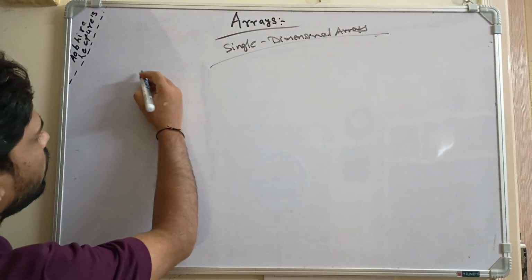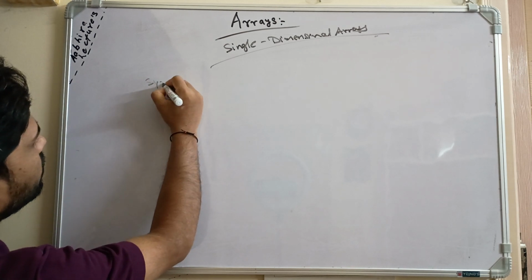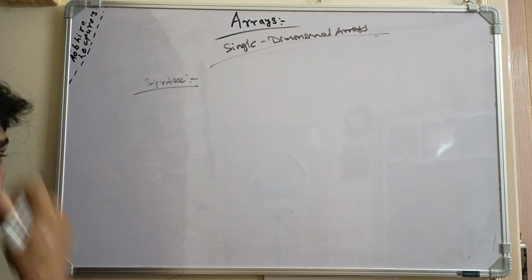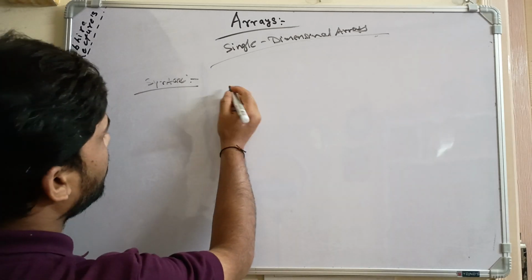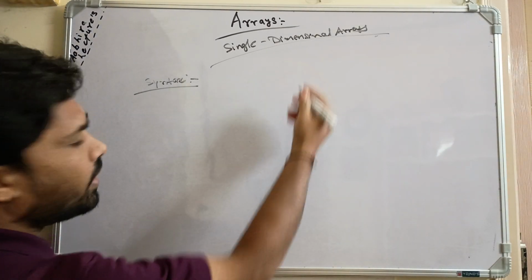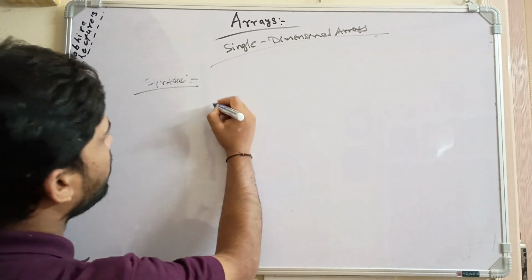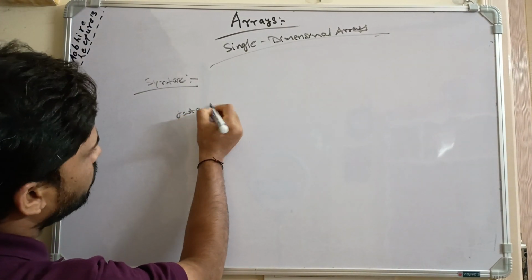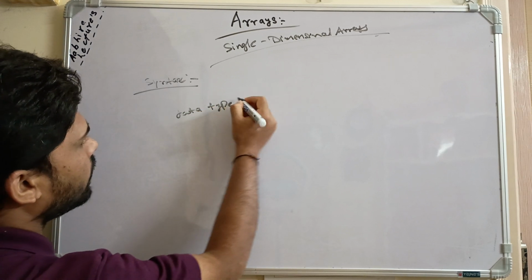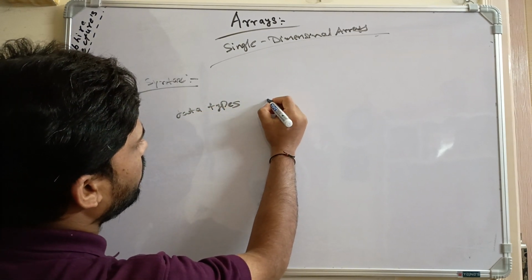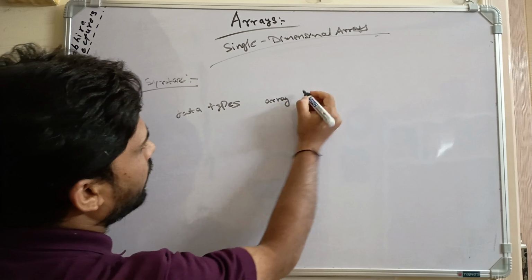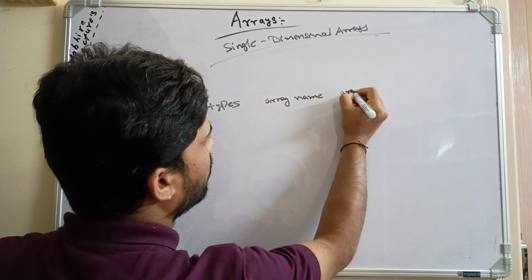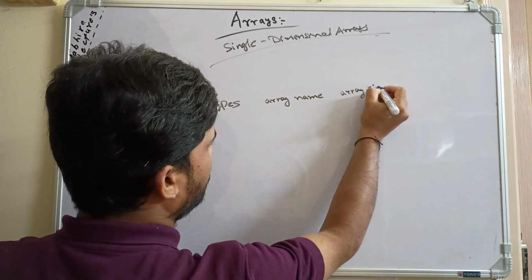So first of all we will see the syntax. The syntax is the same as I explained in the last video. First of all we have to give the data type, then the array name, then the array size.